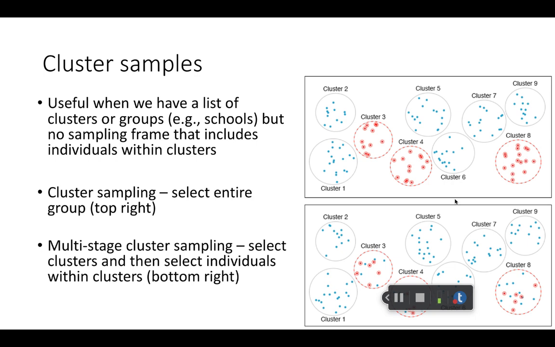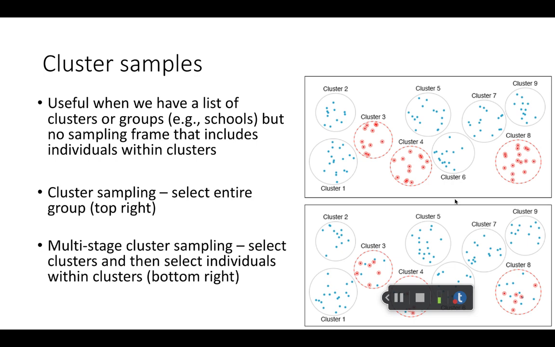But you can get a list of the names of the elementary schools in the state of Pennsylvania, and you could simply sample schools. So let's say we have 9 schools in a county in Pennsylvania, and we want a sample of those schools. We could simply sample 3 and then study those 3 schools as entire entities.